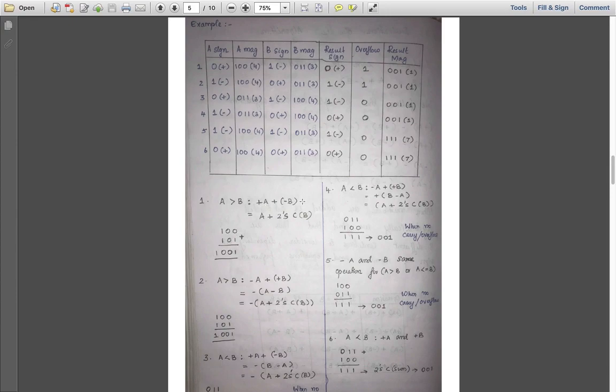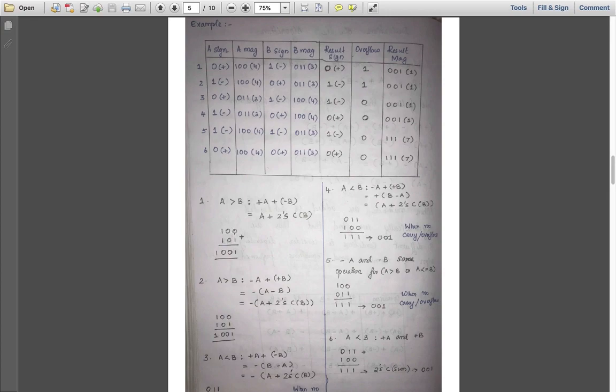Okay, so according to our rewritten steps, A plus minus of B is nothing but A plus 2's complement of B, right? Minus B can be written as 2's complement of B. So B here is 0, 1, 1, that is 3. When you take the 2's complement of 0, 1, 1, it is 1, 0, 1.